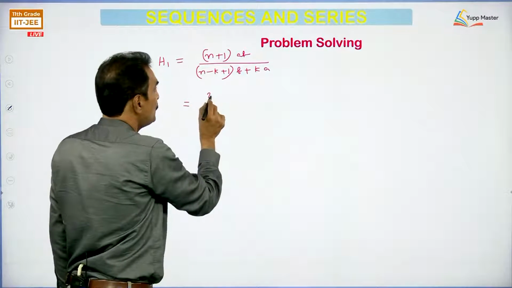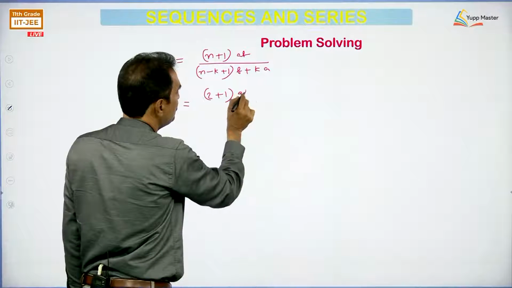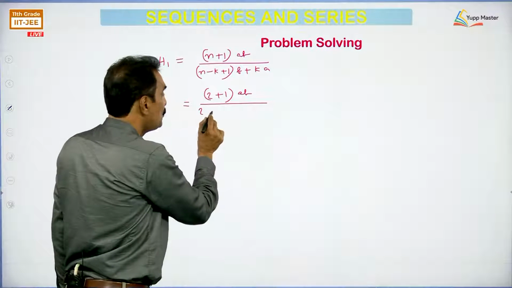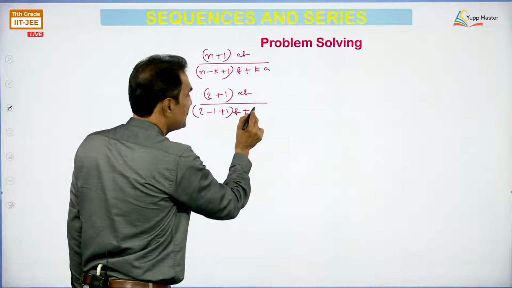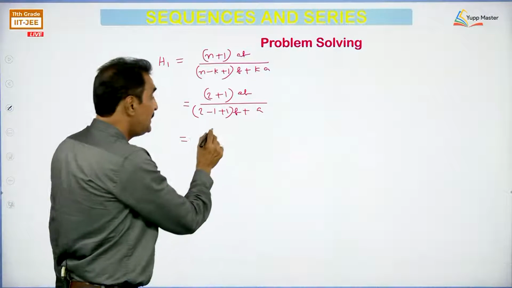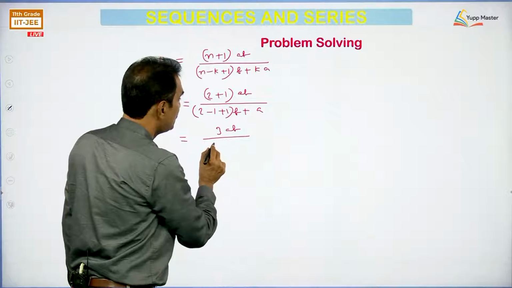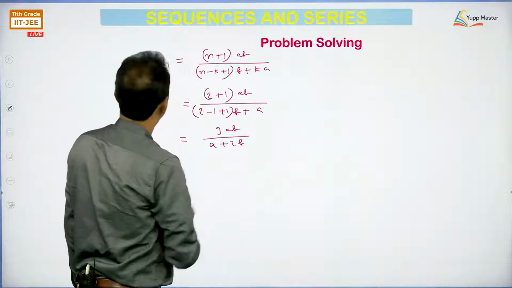N is 2. So 2 plus 1 into AB by 2 minus 1 plus 1 into B plus k, which is 1, A. So we are getting 3AB by, what will we get, A plus 2B, H1.